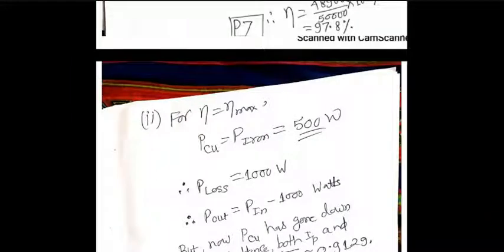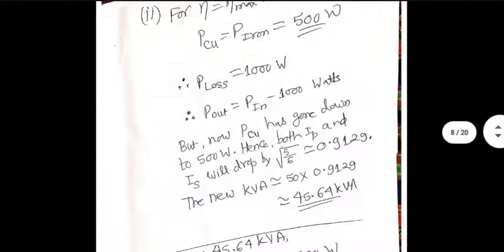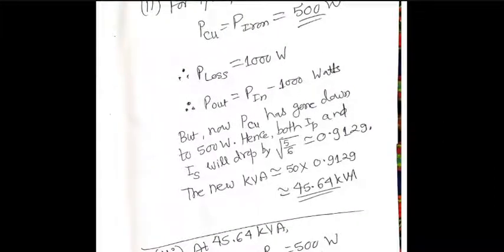Total loss will be 1000 watt when efficiency is maximum, because copper loss will also be 500 watt, right? So output power will be P in minus 1000 watt. But the problem is that copper loss has gone down to 500 watt.